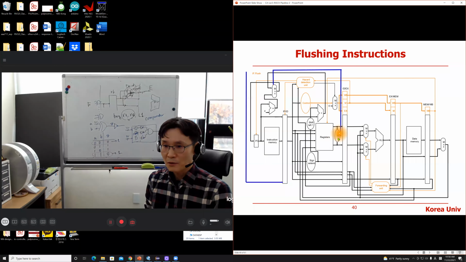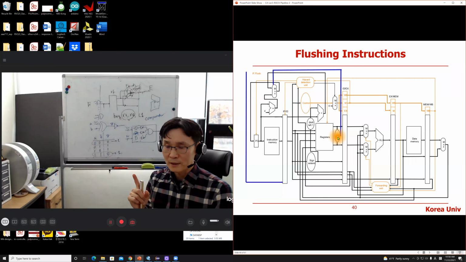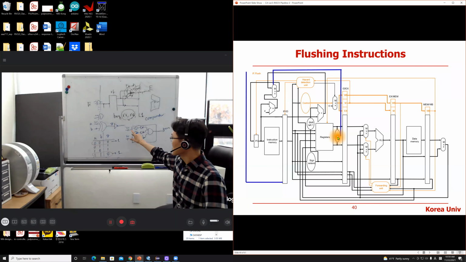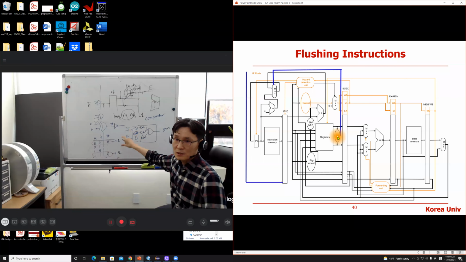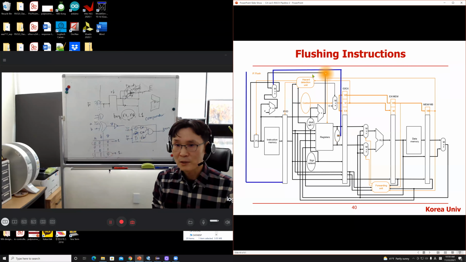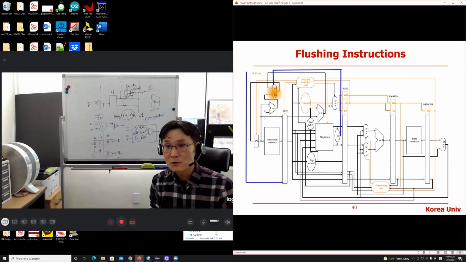So again, this comparator will give you 1 if these two are equal. 1 means you are selecting this one.